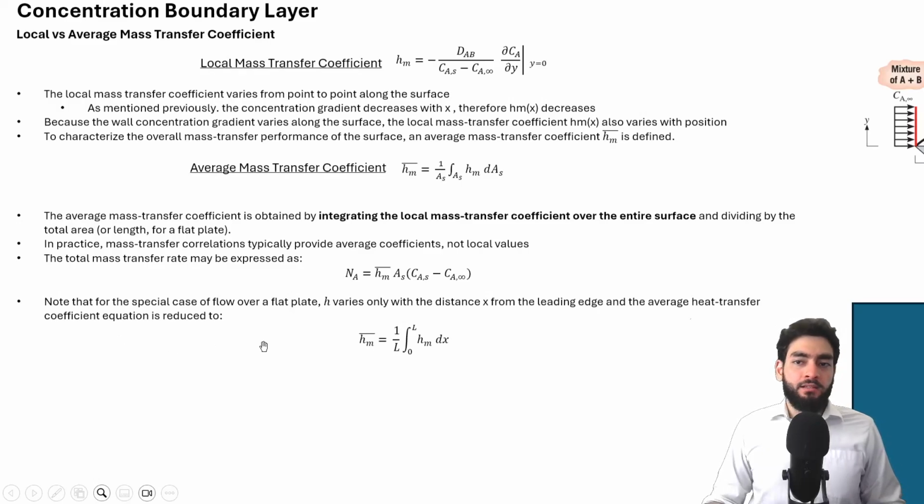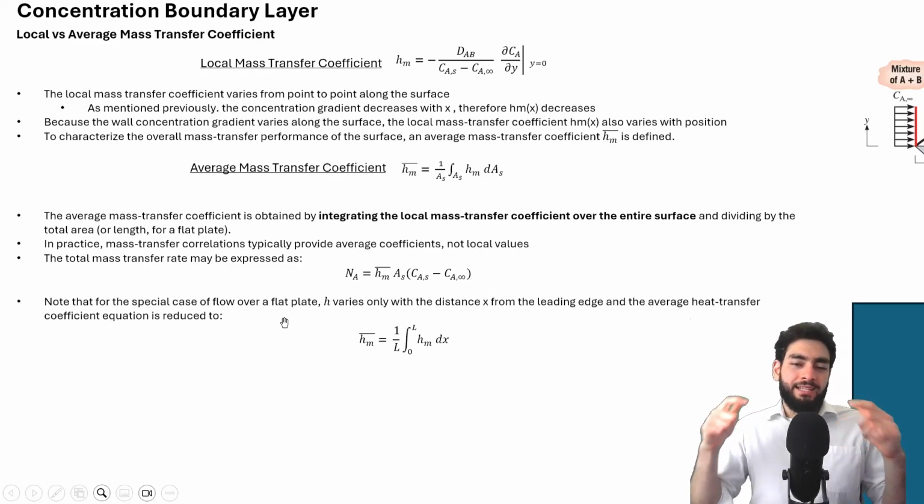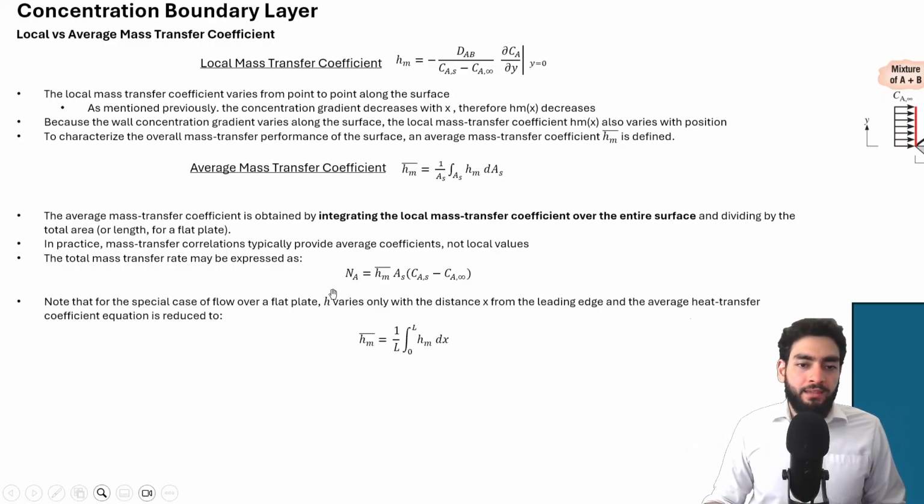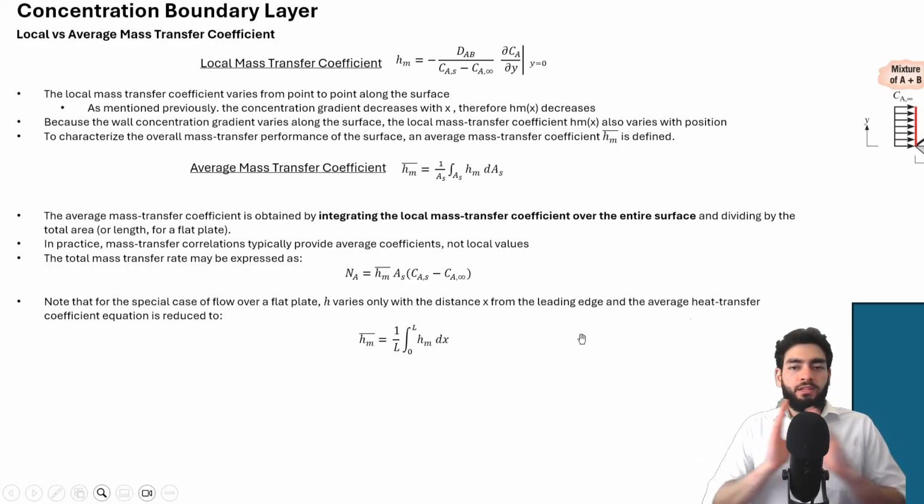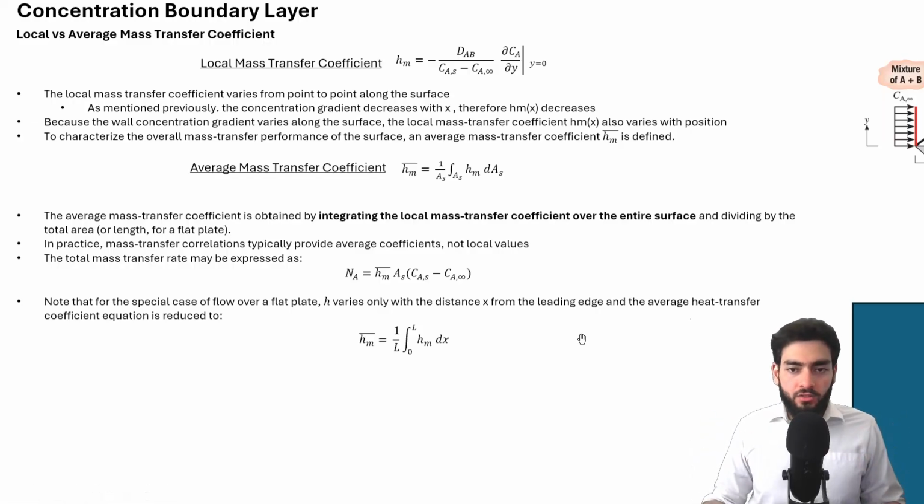Again, because we're talking about a specific case of a flat plate, we know that the local mass transfer coefficient only varies with distance x from the leading edge, because the width of the plate is constant.